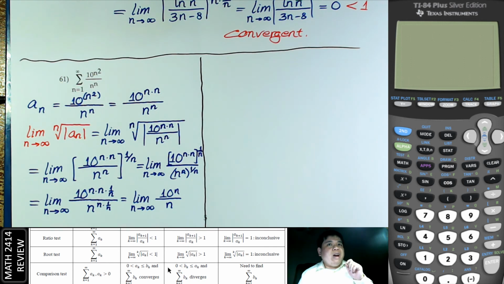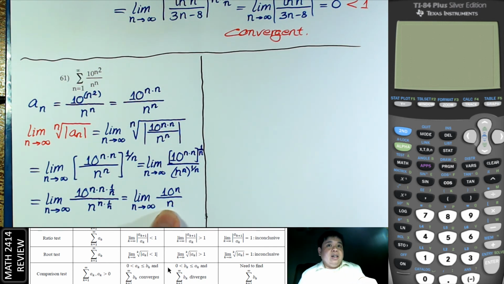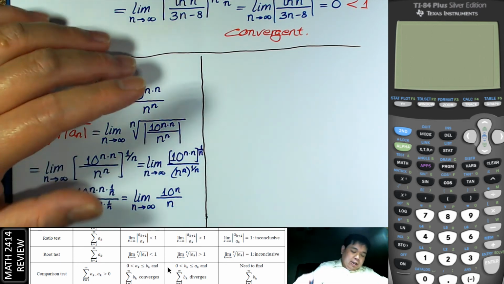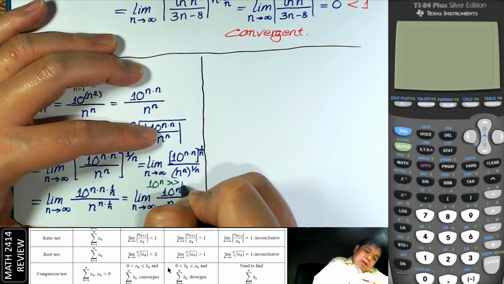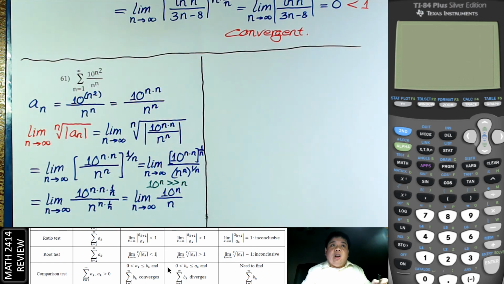An exponential function goes to infinity faster than a linear function. Actually, any exponential function goes faster than any power function. Right? So 10 to the n over n goes to infinity a lot faster.